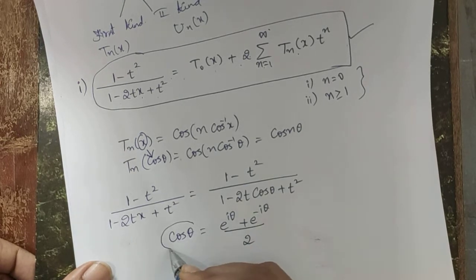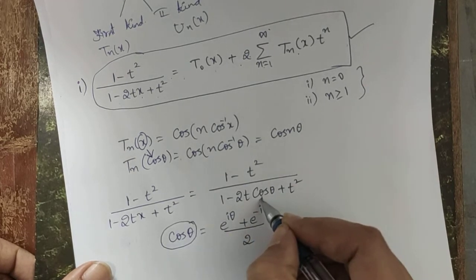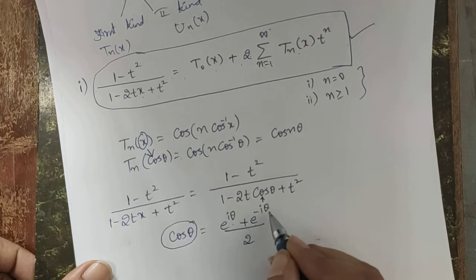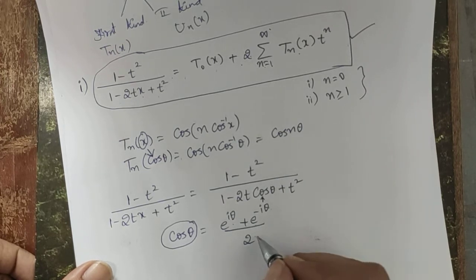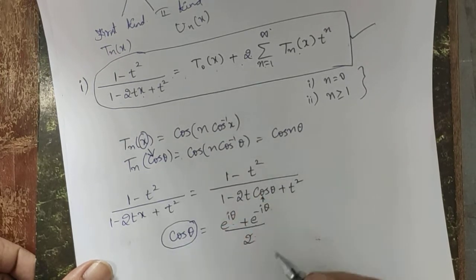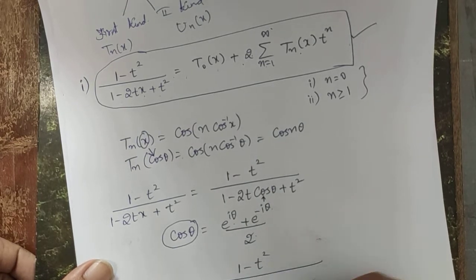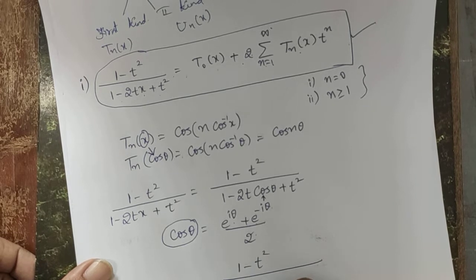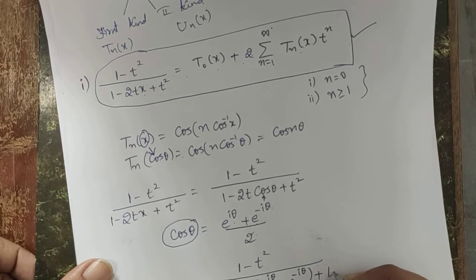So I can substitute this, and this 2 gets cancelled with this 2, right? So this will be equal to (1 minus t square) divided by (1 minus t into (e power i theta plus e power minus i theta) plus t square).